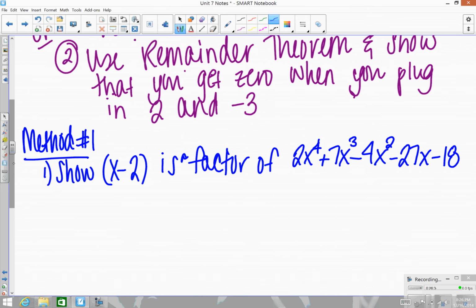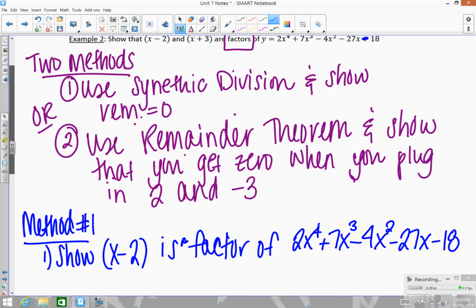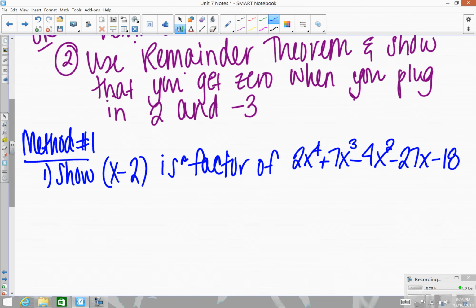And I think there might be a typo up here. This should be minus 18. So just make sure you fix that. So I want to show that it's a factor of this expression.